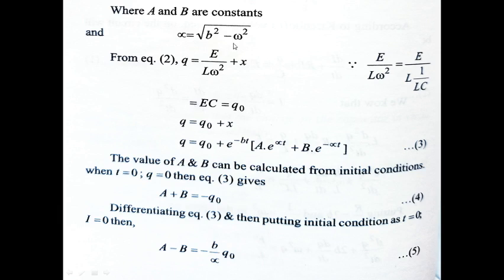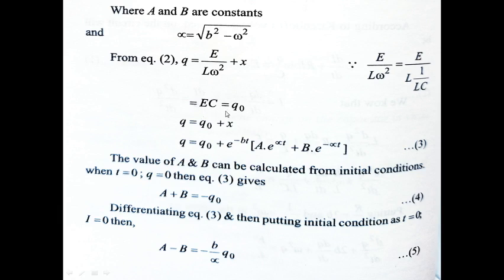Now from equation 2 we can write the value of q, which is equal to E/(Lω²) + x. Now use the value of ω². ω² is 1/(LC), and therefore if we solve this, we get E into C because L gets cancelled.